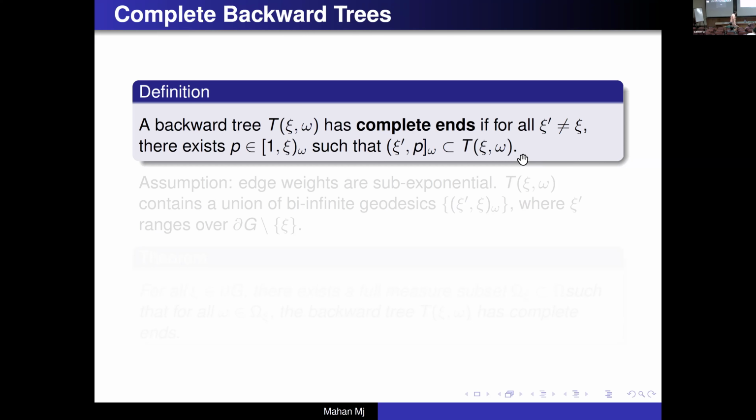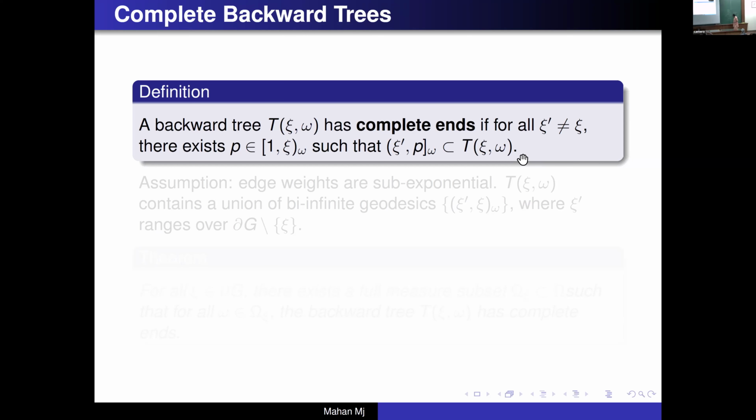Okay, let me draw a picture. So you have your hyperbolic plane here, you have your xi here, you have O1 here, and this is your forward random geodesic. Now you have points here. What the previous coalescence theorem says is that you have a random backward tree like this.